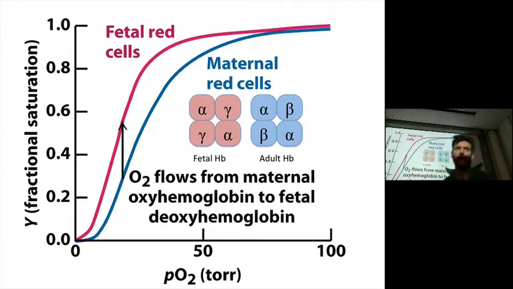It's going to be able to selectively take oxygen off of the maternal hemoglobin. So here's the fetal hemoglobin with the alpha and gamma, and the adult with the alpha and beta. And we have in blue the mother's curve, and in red the fetal curve. So at any given partial pressure of oxygen, oxygen is going to be coming off of the mother's, and there's going to be a net transfer to the fetal hemoglobin. All right?